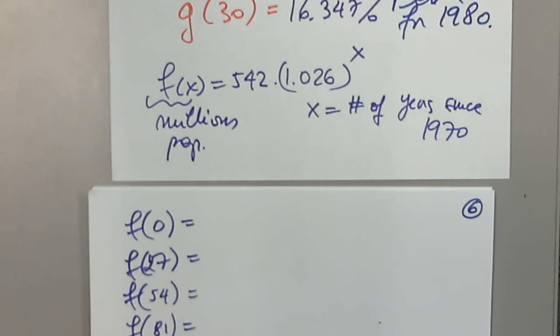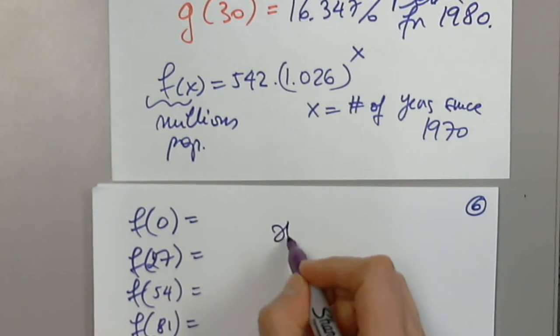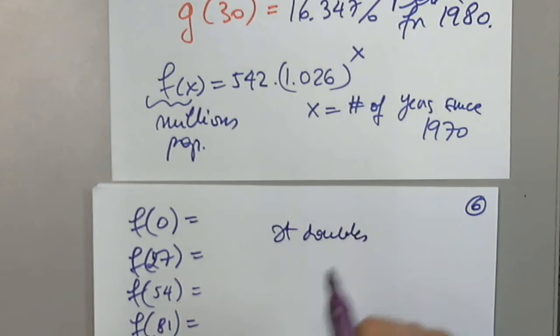After I copy these numbers, the question is also asking what appears to be happening to the population of this country every 27 years. Exactly. It doubles. It appears to be doubling from 542 to 1083, and then again times 2, 2167 roughly, and then times 2, 4300.